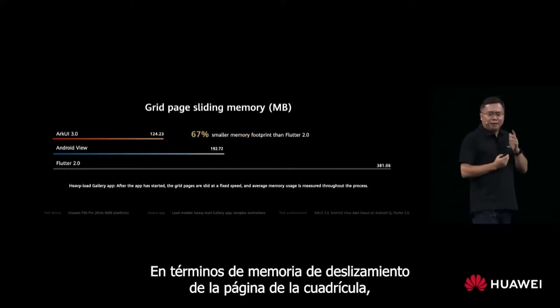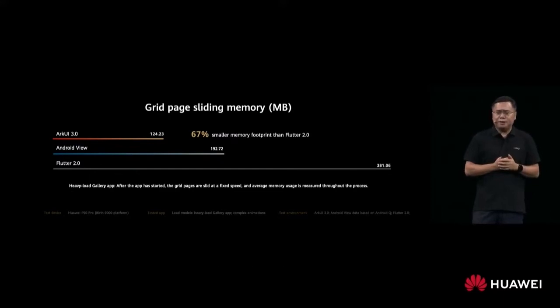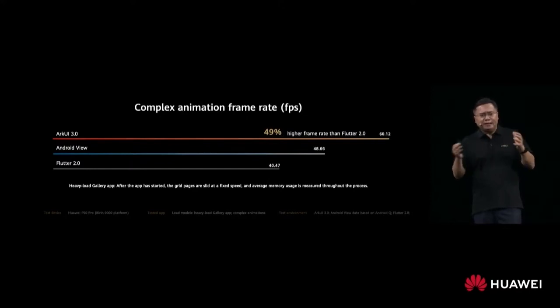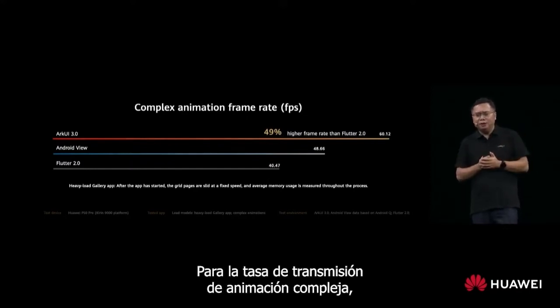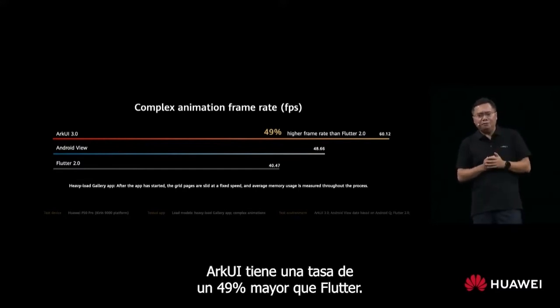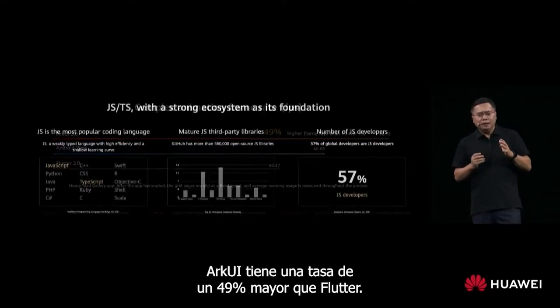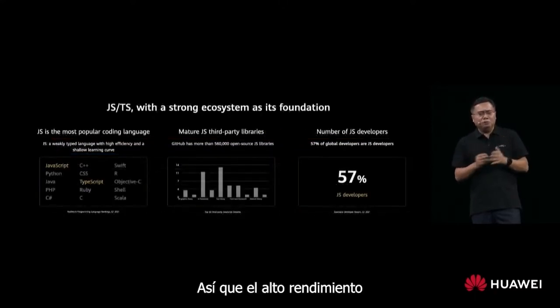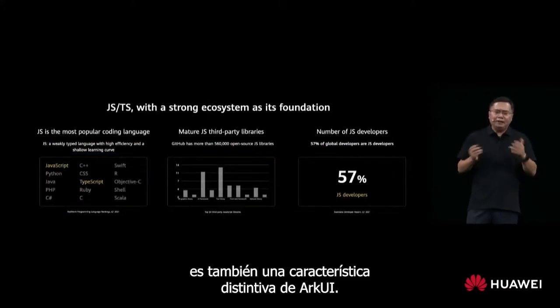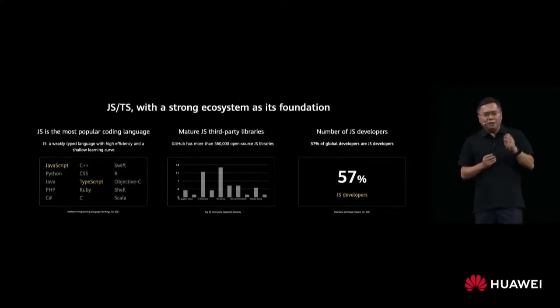In terms of the grid page sliding memory, Arc UI has a 67% smaller memory footprint than Flutter. For the complex animation frame rate, which is critical for a large app development, the Arc UI has 49% higher frame rate than Flutter. So high performance is also a distinct characteristic of the Arc UI.